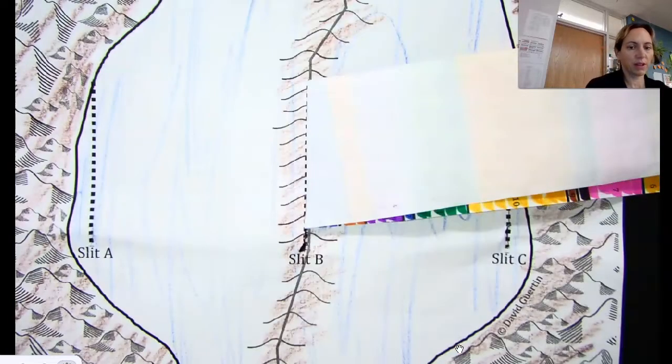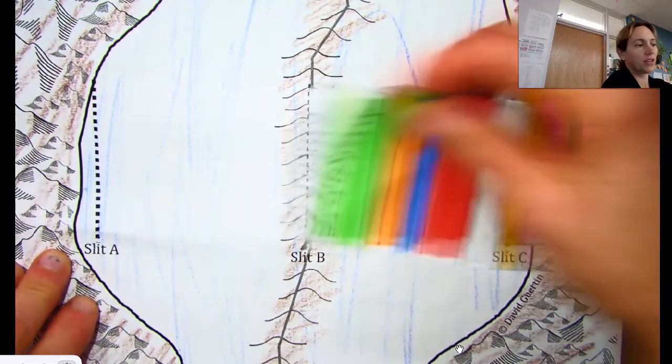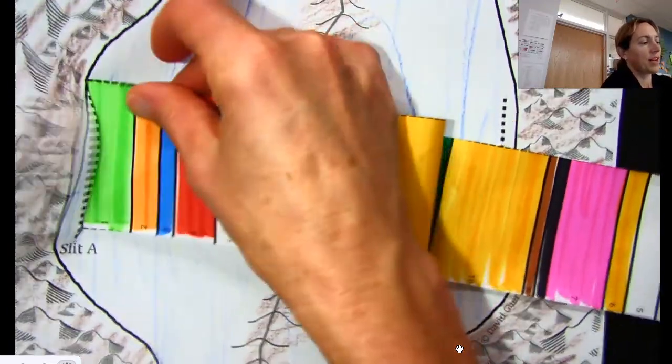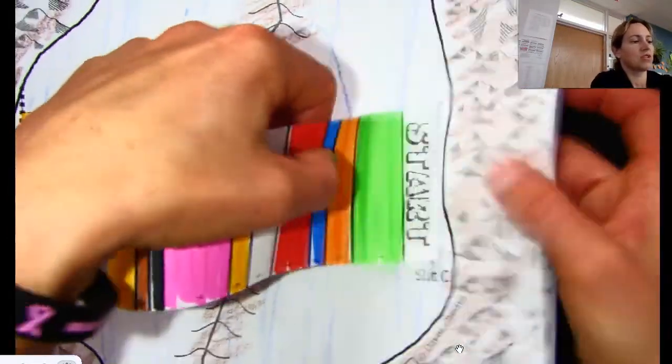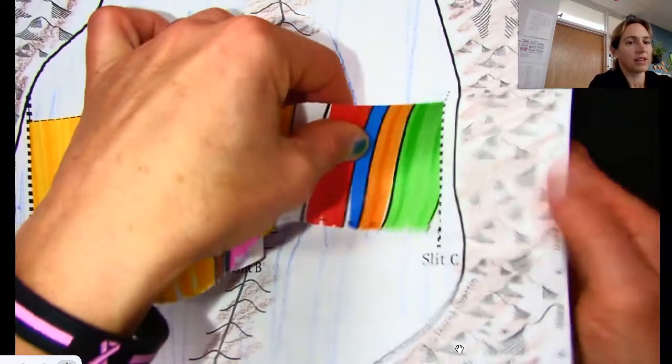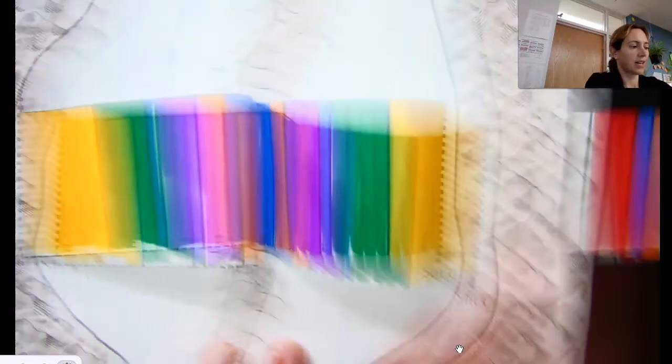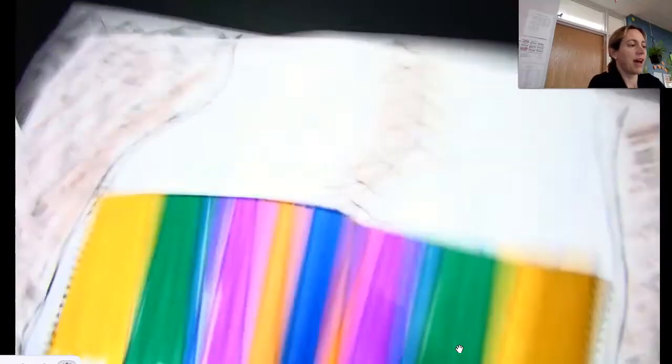Okay, let me slow it down a little bit. And then I'm going to take the colored strips. One side is going to go into A, and the other one is going to go into C, just like this. All right, and now I have my seafloor model.